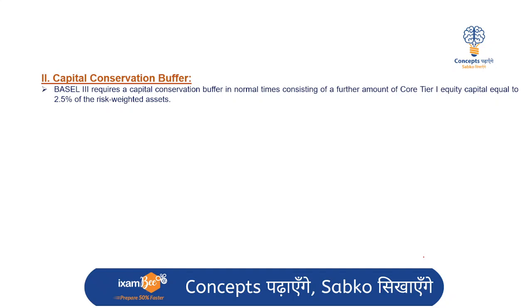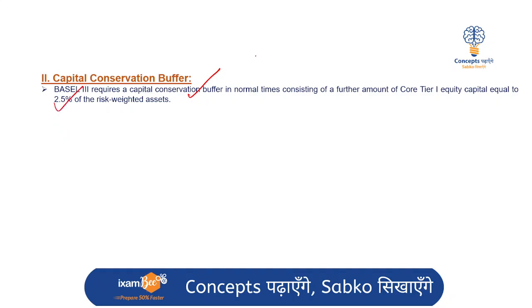So, capital conservation buffer. In addition to all these capital requirements that we have seen, Basel 3 also required a capital conservation buffer in normal times, consisting of a further amount of core tier 1 equity capital equal to 2.5% of the risk weighted assets.